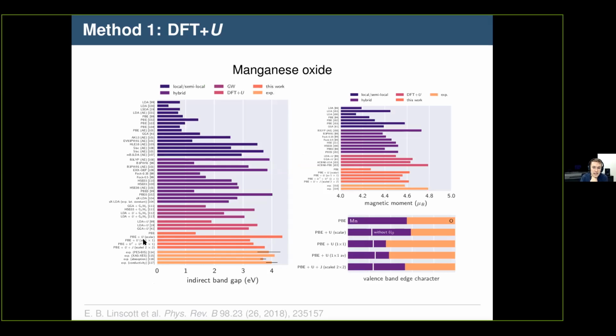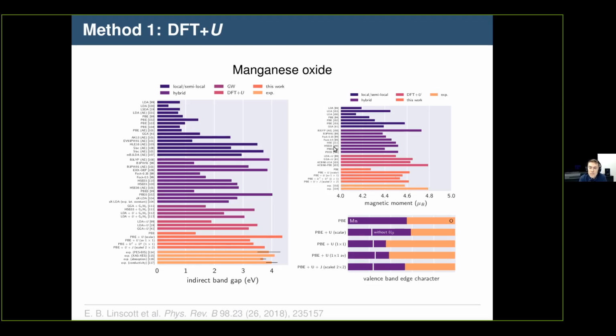Whereas if we add a plus U term, and these are various flavors of DFT+U, then you get a band gap that is much more accurate. Likewise, with the magnetic moment, again, PBE underestimates it, and once you add the plus U corrective terms, you get a magnetic moment that is much more accurate.